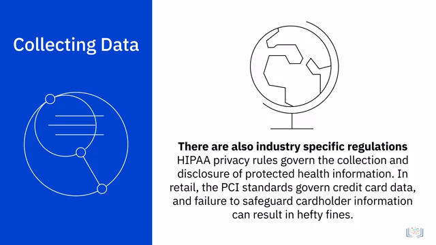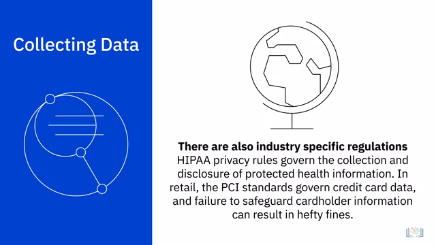For example, in healthcare, HIPAA privacy rules govern the collection and disclosure of protected health information. In retail, the PCI standards govern credit card data, and failure to safeguard cardholder information can result in hefty fines.